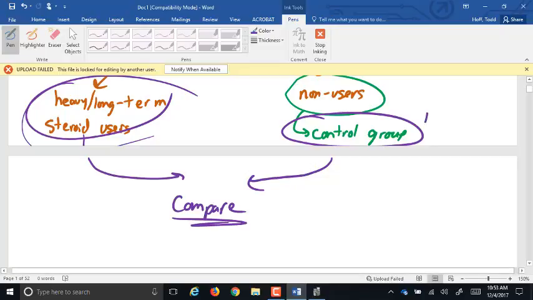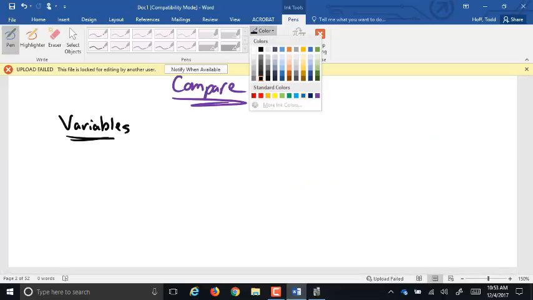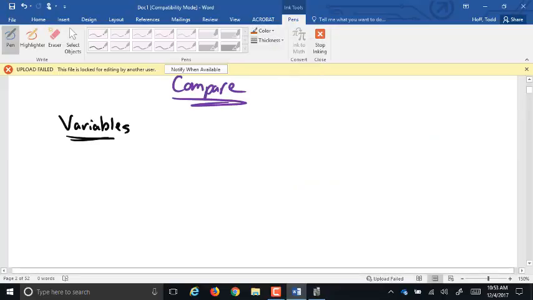Why did this control group, do you think, have to be weightlifters? Yes. There are variables in every experiment. And what you want to do is you want to try to control as many as possible.